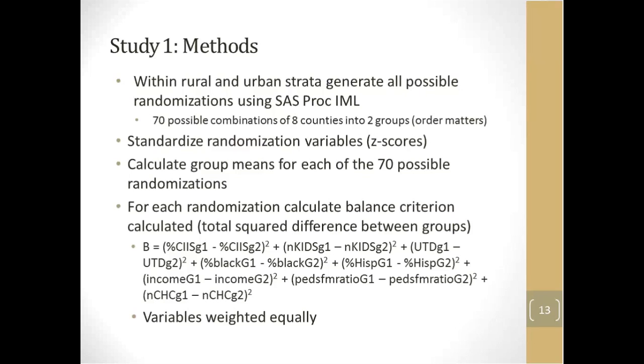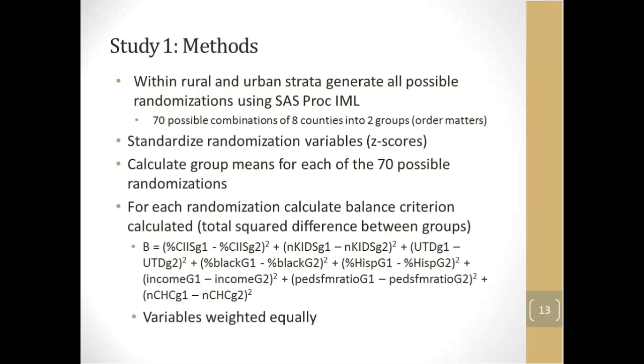Then the next step was to standardize all these randomization variables. Now, the easiest and fastest way for just our initial try at this was to simply compute z-scores. That's something we can think about in the future, but that's what we did for these 2 studies that I'm going to talk about here.